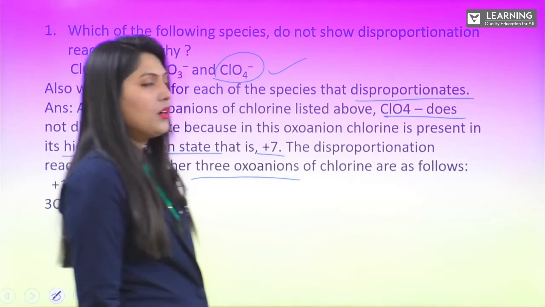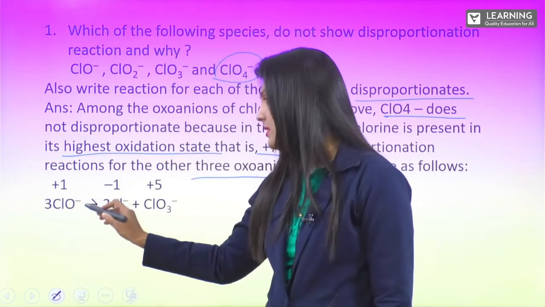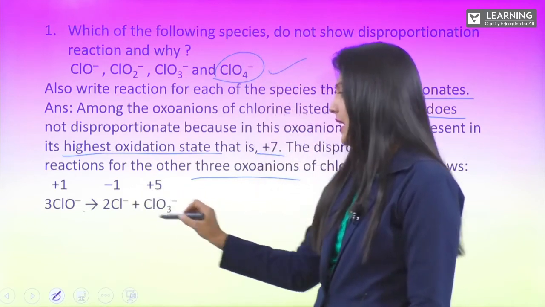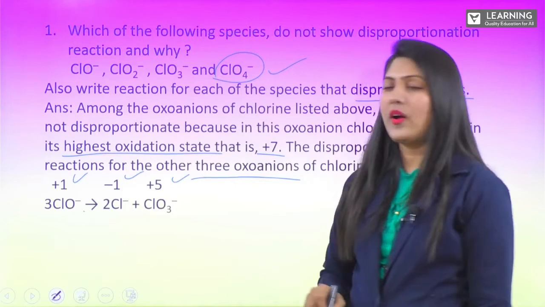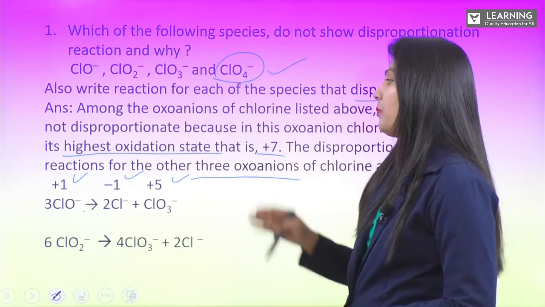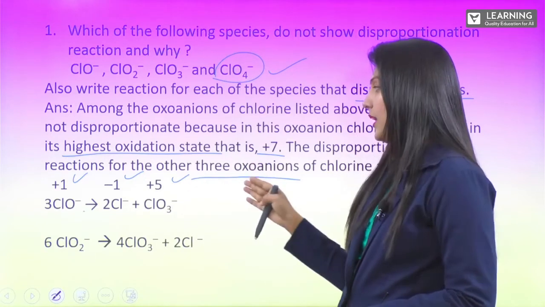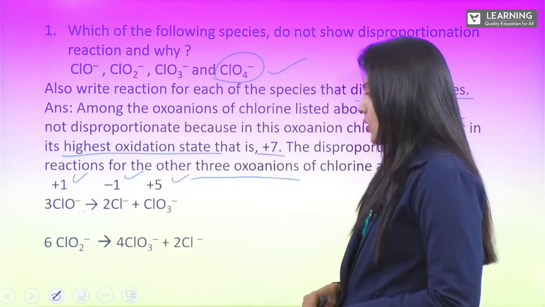As we see here, we have 3 ClO minus gives you Cl minus and ClO3 minus with +1, -1 and +5 as oxidation number for chlorine. So +1 is being converted into -1 and +5. So chlorine is undergoing reduction as well as oxidation.